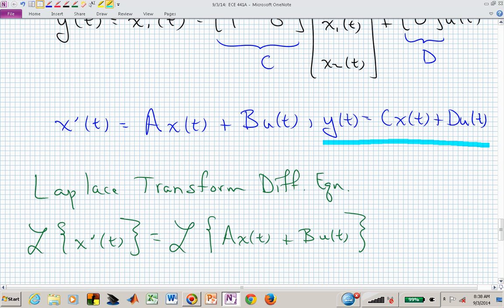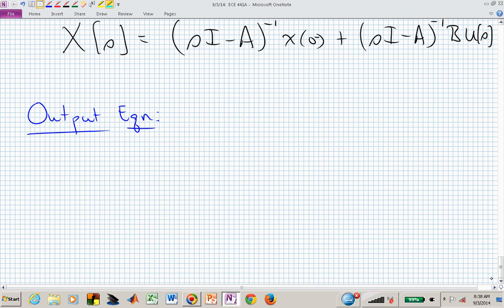This is just basically a linear equation that relates the state, the input, to the output y. And there's no derivatives, which allows us to simply say that the Laplace transform of y of t, or capital Y of s, well, maybe I'll just go through it like we did before.